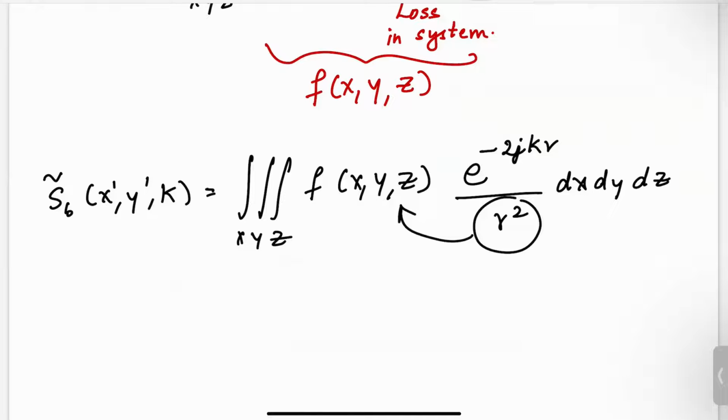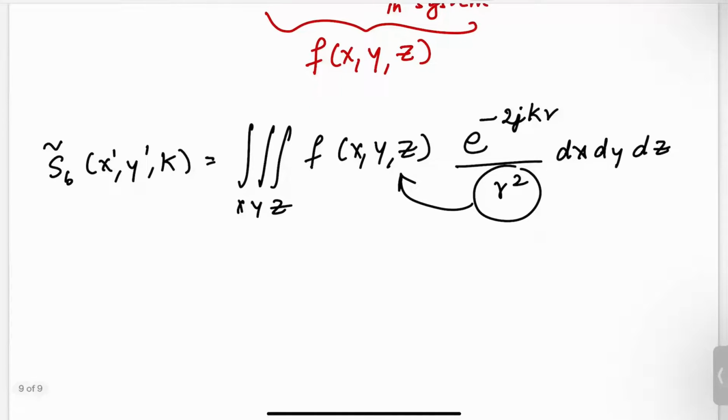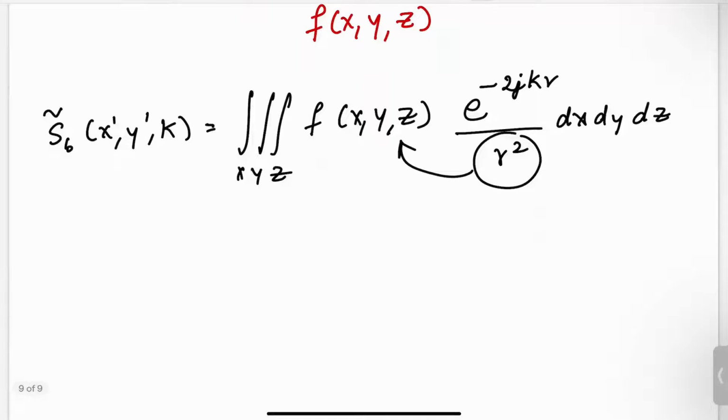Because even r doesn't change much. Even if it does change, your image will become dimmer and dimmer as you move away from the target if you plot the final image. Whereas if you account for r square, then that sort of accounts for that. But in some simplified models, they may even consider just f of xyz times e to the minus 2j kr. Right? And depending on the situation, we may use either one.